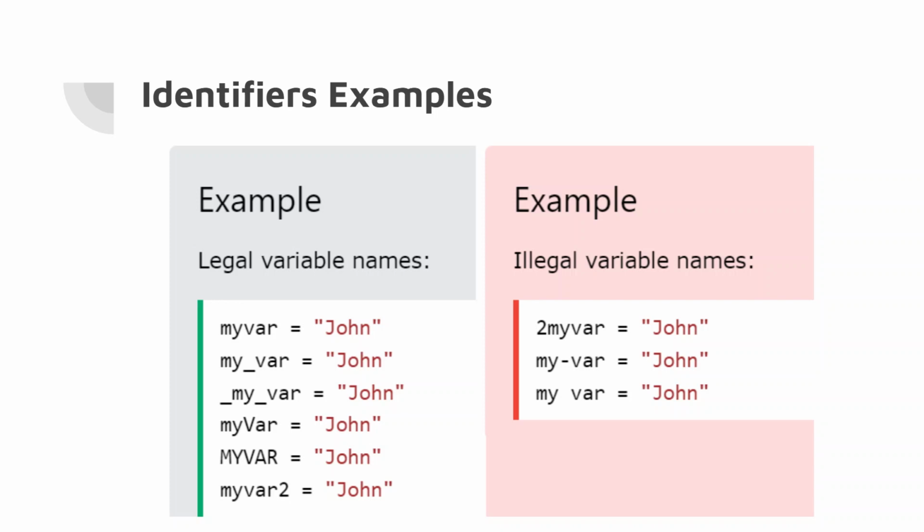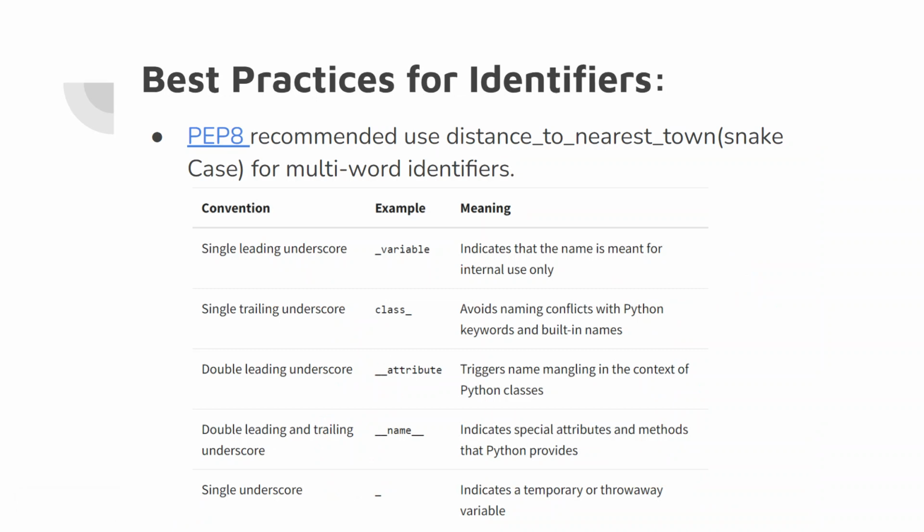Illegal ones: if you start with a number, or you use a hyphen or any symbol other than underscore, it will give you an error. A space, like in "my var", is not allowed.